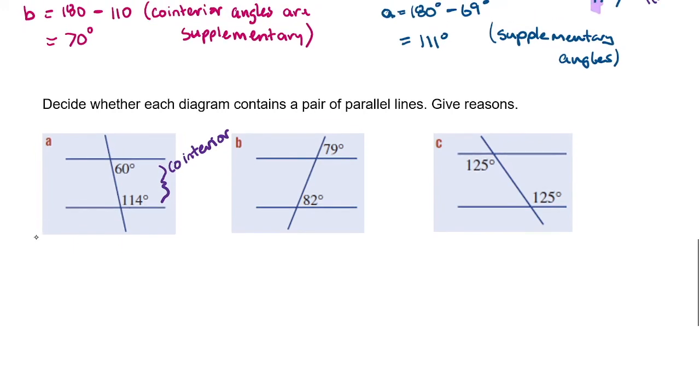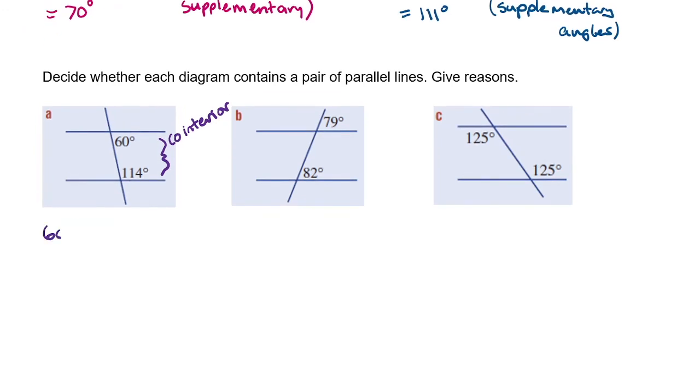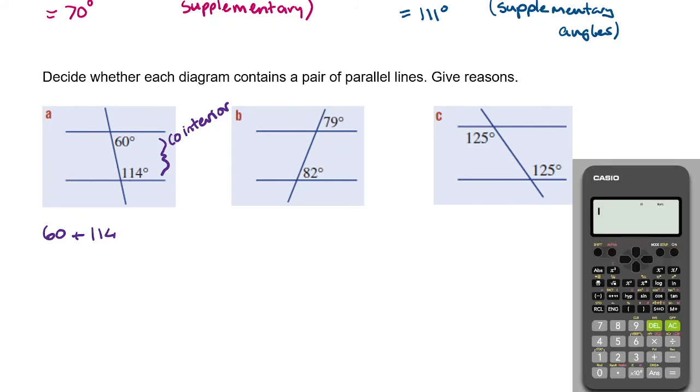So let's go 60 plus 114. Let's bring up our calculator. 60 plus 114, and that's 174. I'm sure you have managed to beat me to that answer.